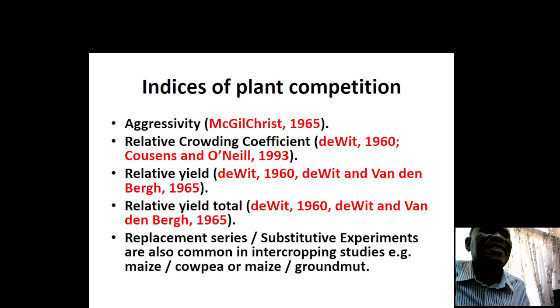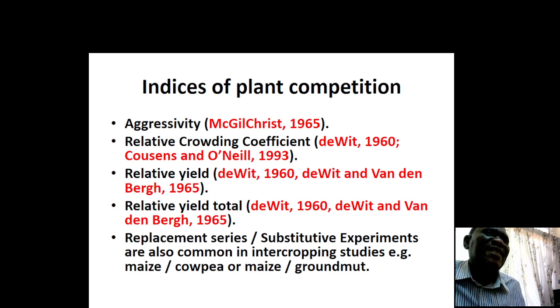Indices of plant competition which we looked at: aggressivity, proposed by McGilchrist in 1965, relative crowding coefficient, proposed by de Wit 1960, Cousens and O'Neill 1993, then relative yield total, then also replacement series, substitutive experiments.